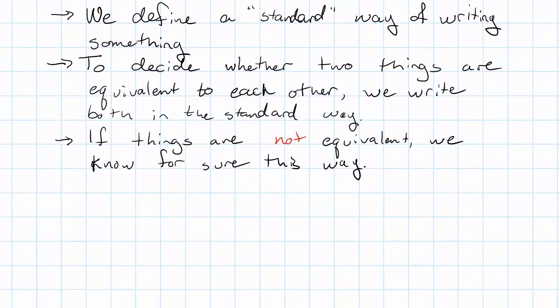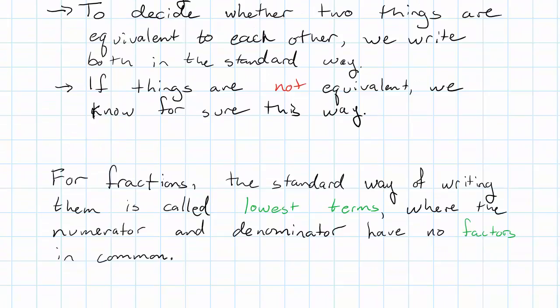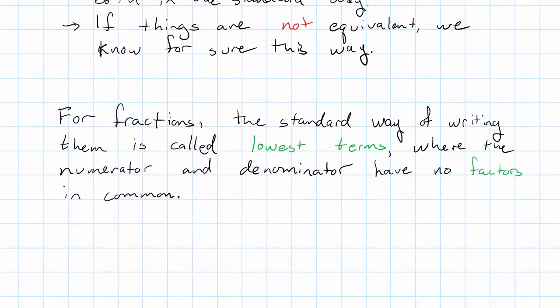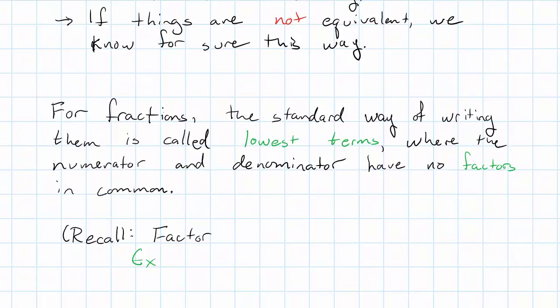So for fractions, the standard way of writing them is called lowest terms. In lowest terms, the numerator and denominator have no factors in common. Let's recall, what's a factor? Let's think about the multiplication sentence, 3 times 7 equals 21.